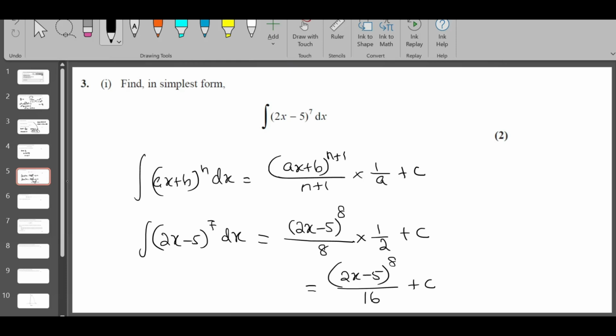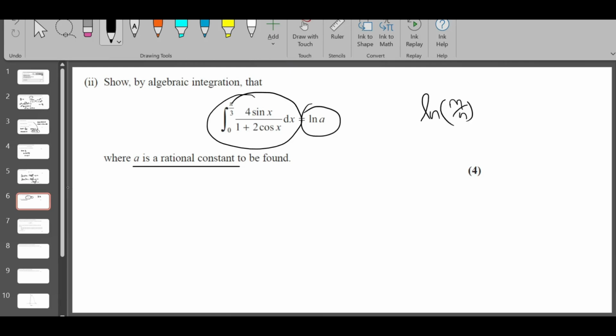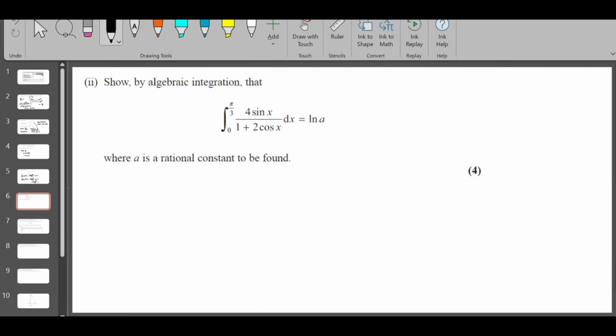Let's look at part A of this question. Show by algebraic integration that this can be written as ln a, where a is a rational number. So you need to write the final answer in the form of a ln m over n or something, as a rational number. How are we going to integrate this?